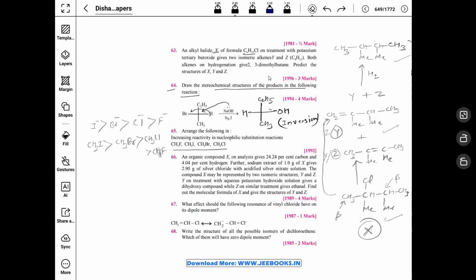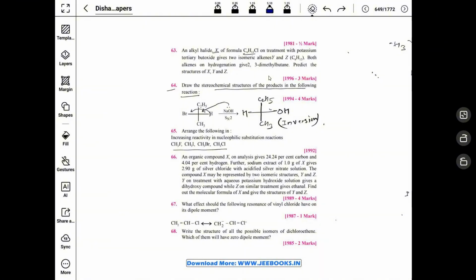Question number 66. An organic compound X on analysis gives 24.24 percent of carbon and 4.04 percent of hydrogen. Further, the sodium extract of 1 gram of X gives 2.9 gram of silver chloride when acidified with silver nitrate solution.